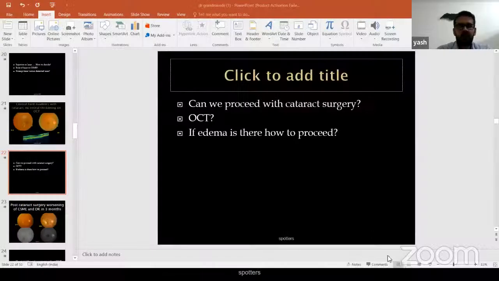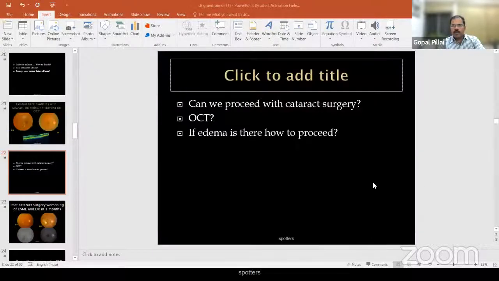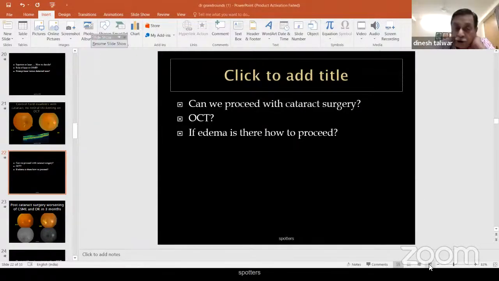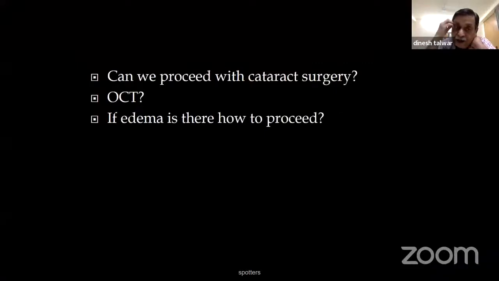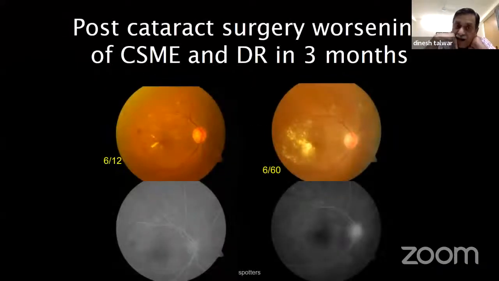And then, if the OCT has edema, how to proceed? Definitely we should inject, reduce the edema, and then proceed. You should give the injection and see after the first injection whether the patient's vision is improving.